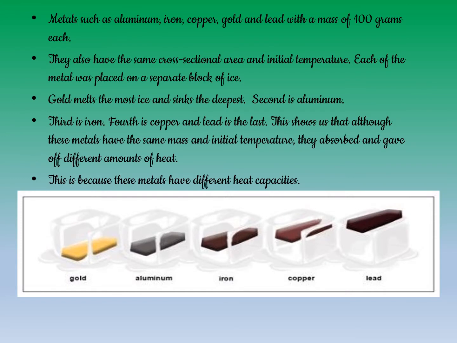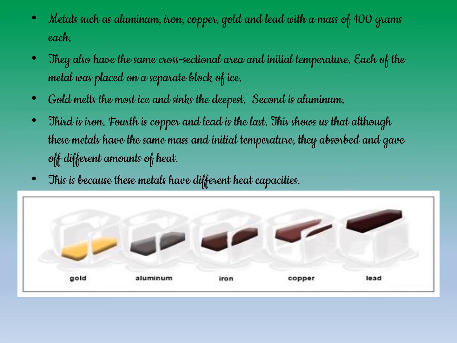So in continuation about the specific heat capacity, you'll see here that there are examples of metals such as aluminum, iron, copper, gold, and lead with a mass of 100 grams each. They also have the same cross-sectional area and initial temperature. Each of the metals was placed on a separate block of ice.